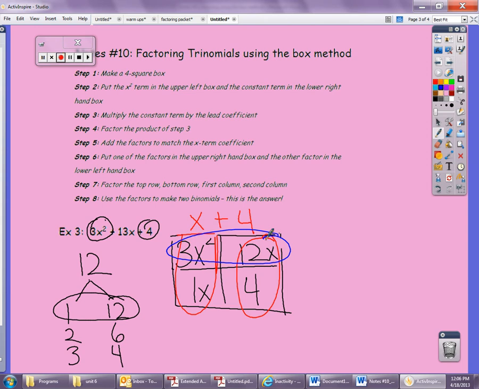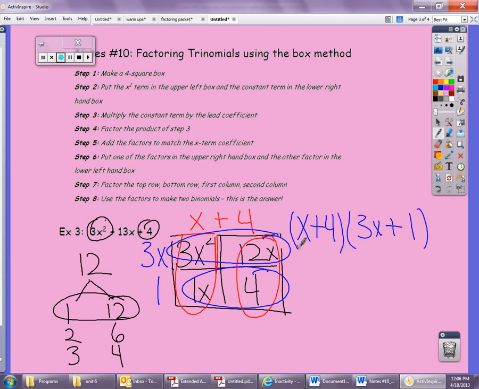But they also have an x in common, so we put 3x. And then what do these have in common? 1. So put a 1 here, since they don't have anything in common. So that's the answer.